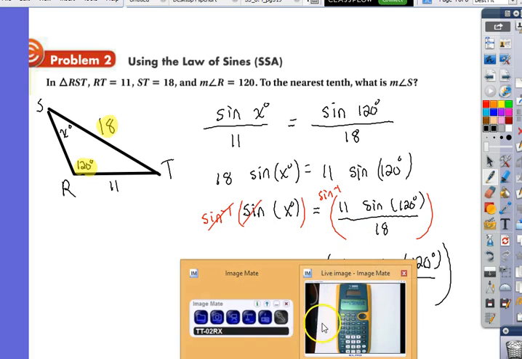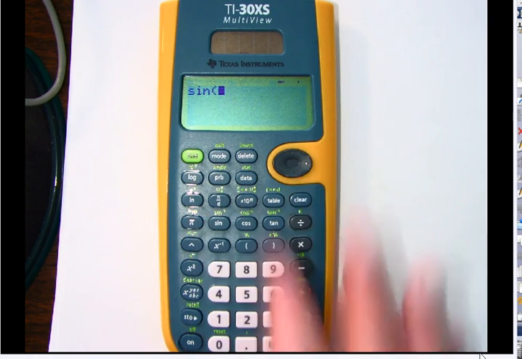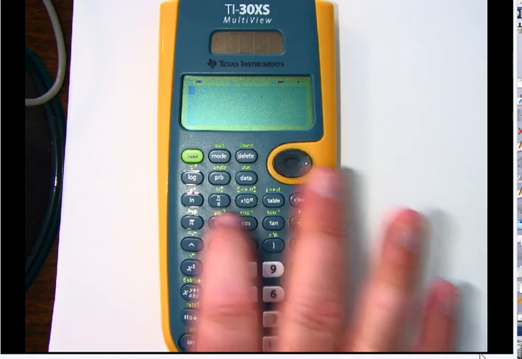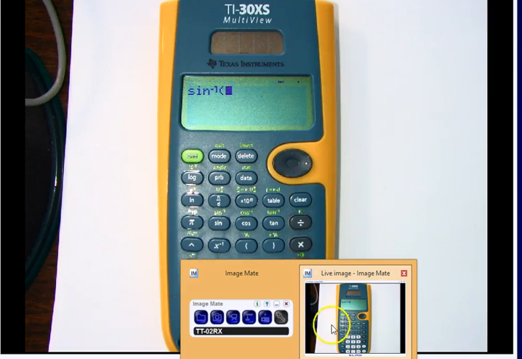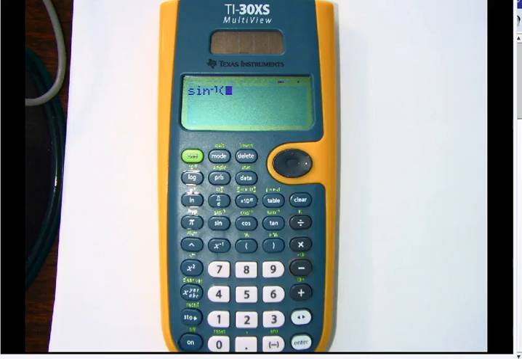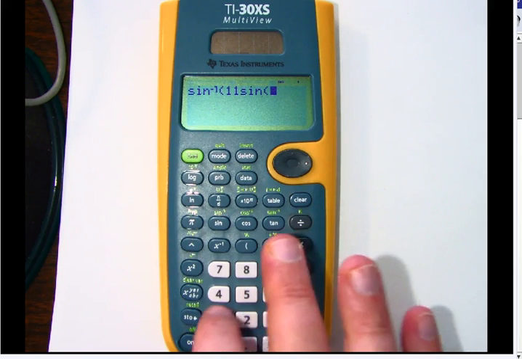Now, how do I put this into my calculator? Well, the first thing I'm going to do is put in the sine inverse. Sine inverse automatically opens up a parenthesis. And then inside the sine inverse, I want to do 11 sine 120.